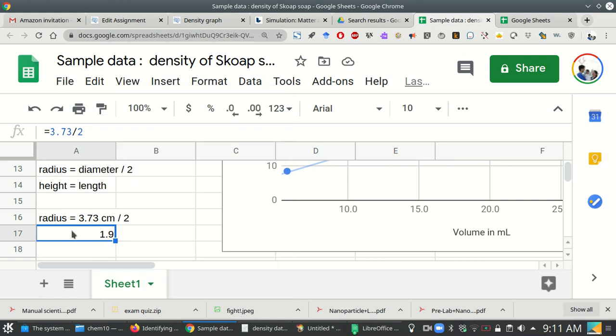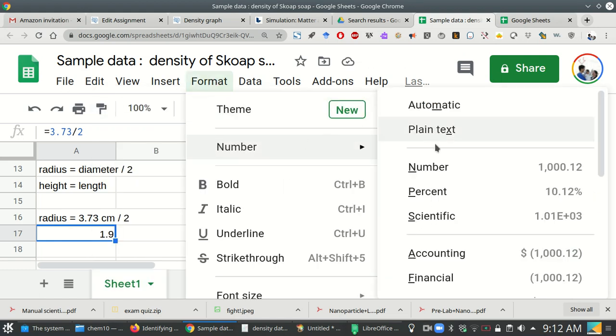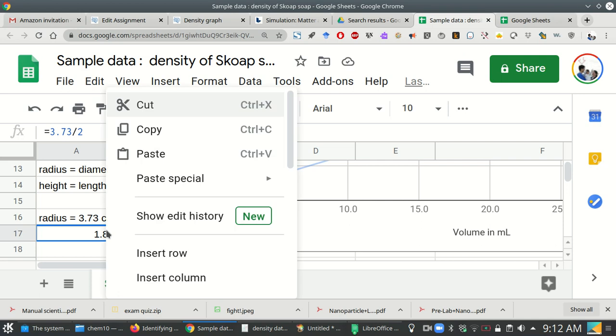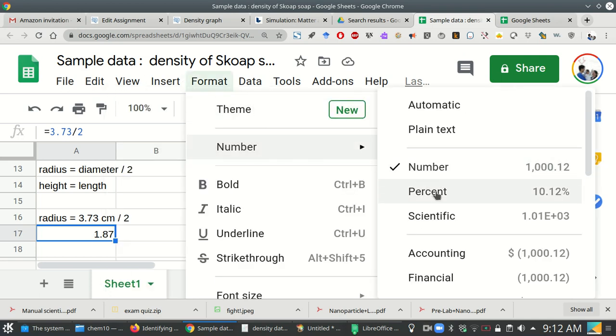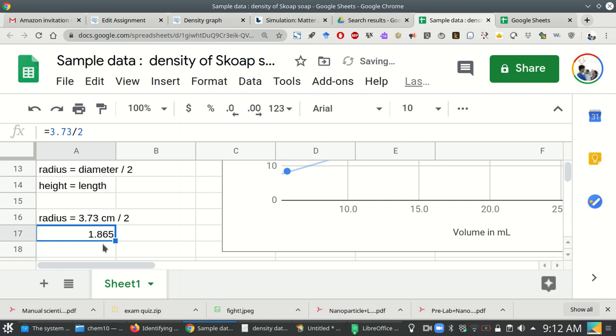So I'm going to go to Format here and put number, and I'm going to have it not round. Okay, there we go. It's still rounding. So let me go to Format, put number here, and I'm going to have it do it like this. Yes, good. That's much better.